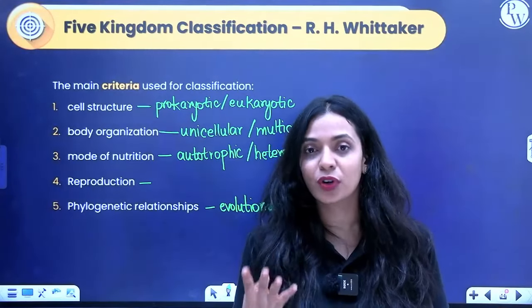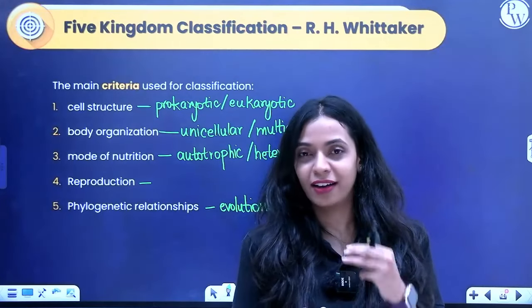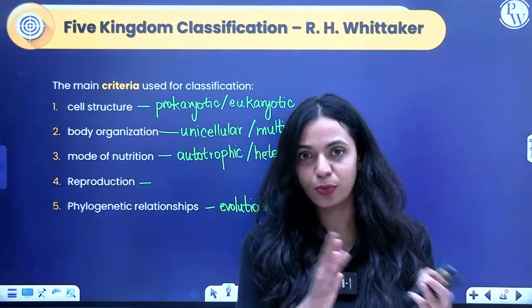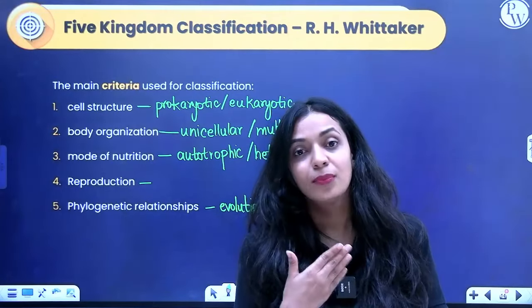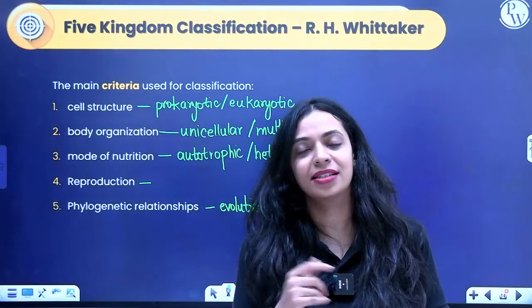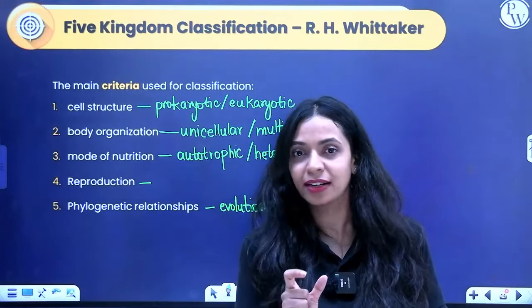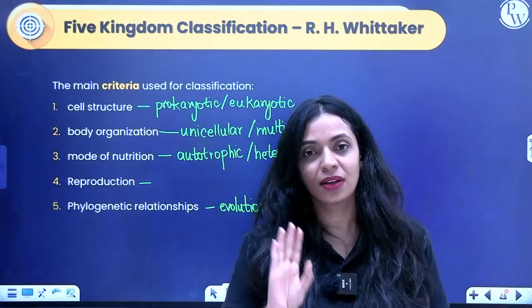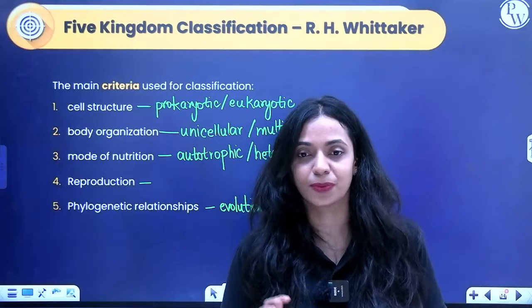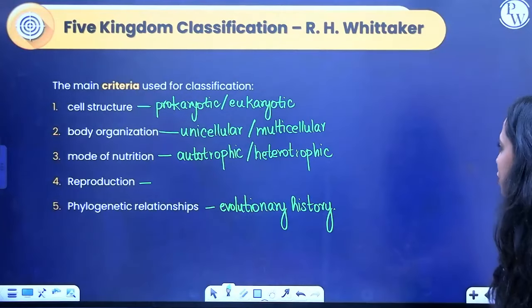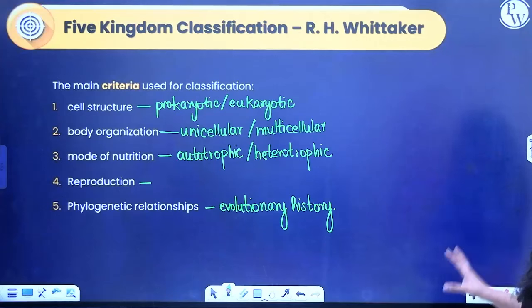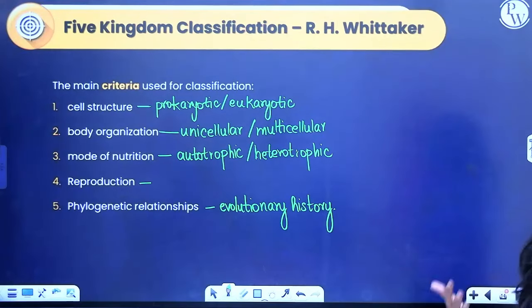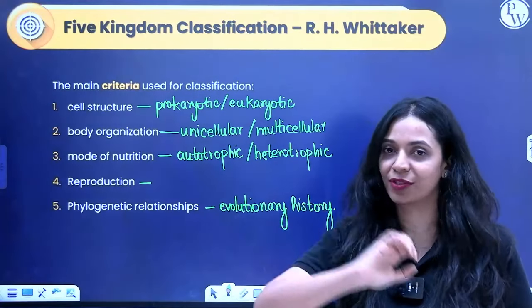And then in the four kingdom classification, which additional kingdom was added as opposed to three kingdom? It was Monera. And fungi is the kingdom that got added in the five kingdom classification. Okay, I hope it is clear up until this point. Now let's understand how R.H. Whittaker classified living organisms into five different kingdoms.